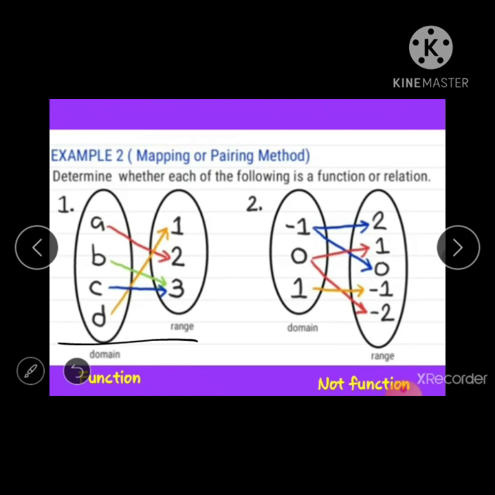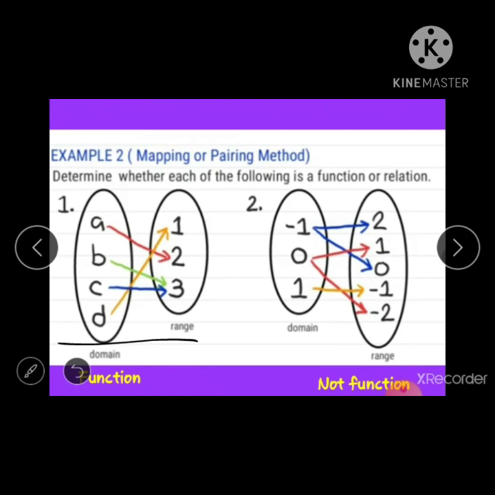Again, to say that it is a function, the arrow coming from the domain should be exactly one only. For example 2, the arrows coming from -1 go to 0, so there are two of the same, 0 going to 1, and 0 going to -2.